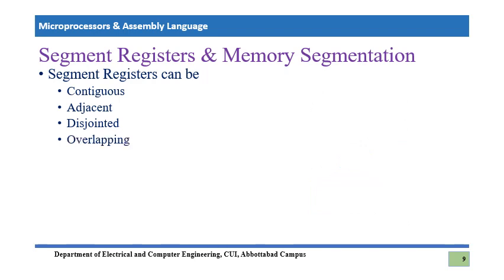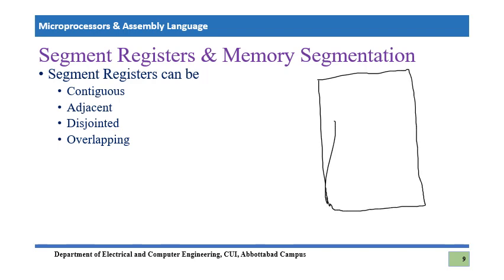Let's deal with the last one, and it's quite interesting, and it is the most useful segmentation type. So let's draw the physical memory. That is my physical memory. For example, that's my segment number 1.